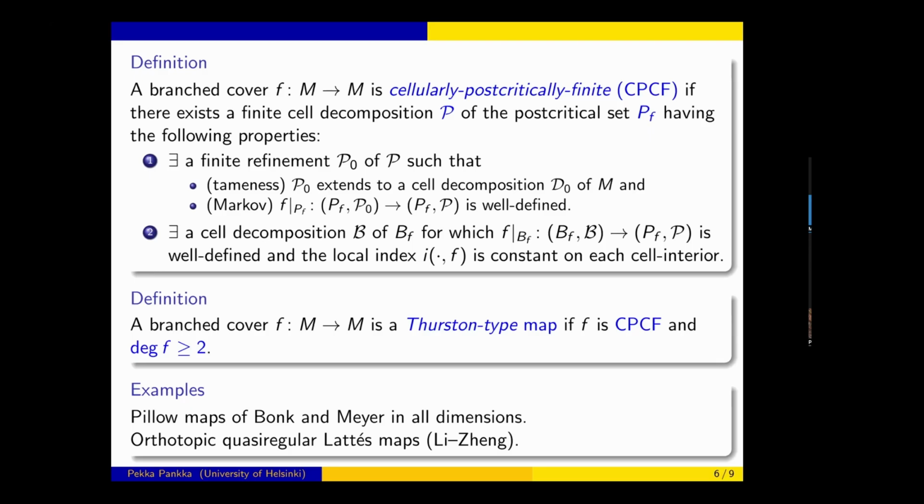quasi-regular lattice maps. I would say that the issue with quasi-regular lattice maps is really in the quotient, so we don't really understand well what the possible quotient maps are, and this is causing us trouble.